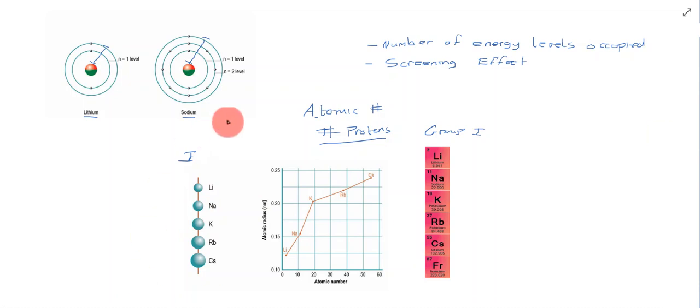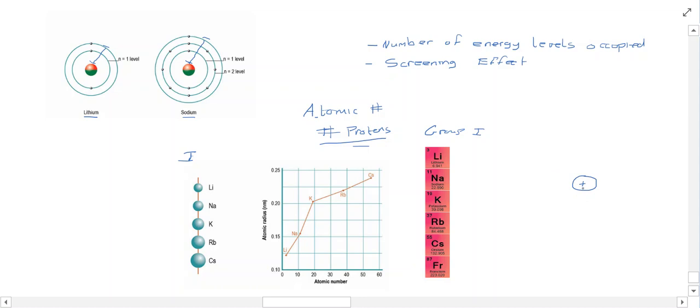Now, also what we have is what's known as the screening effect. A way to think about that is the nucleus of the atom, which is generally positive. It's made up of two subatomic particles, protons and neutrons. The protons are positively charged, so they exert a force.